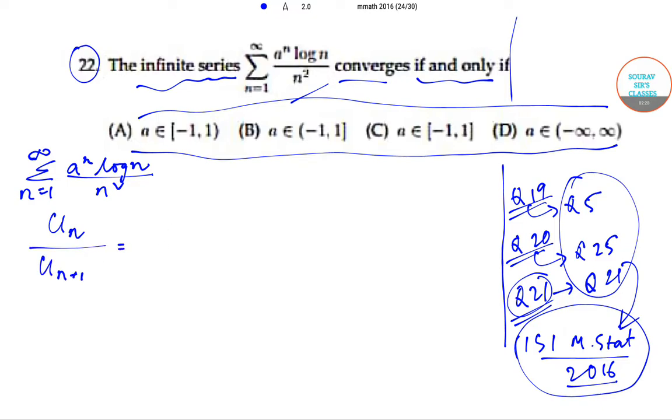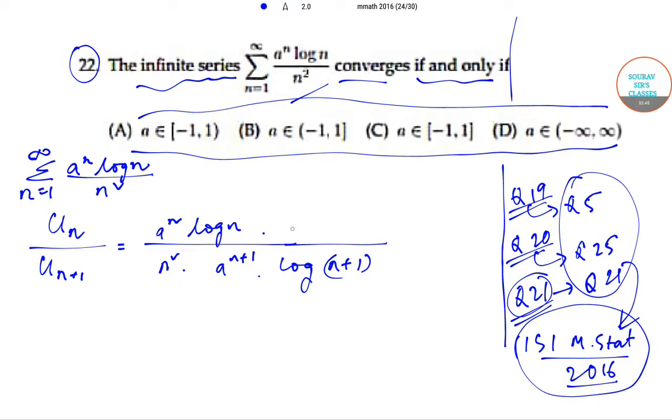This will be equal to a to the power n log of n upon n square into a to the power n plus 1 into log of n plus 1, and in the numerator there will be n plus 1 whole square.